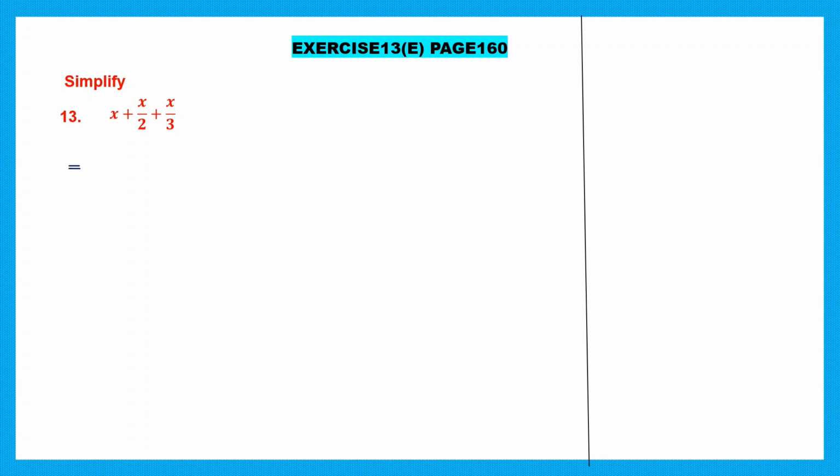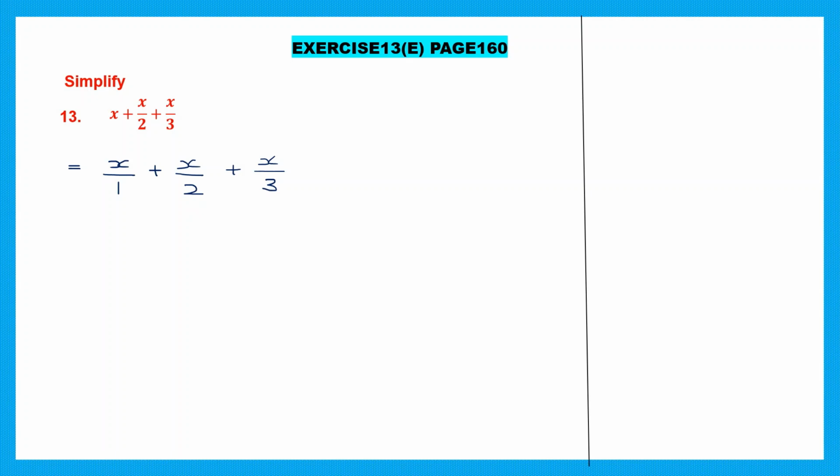So let's begin. Here we have x, we'll write it as x by 1, plus x by 2 plus x by 3. So here it is addition of fractions just like regular fractions.